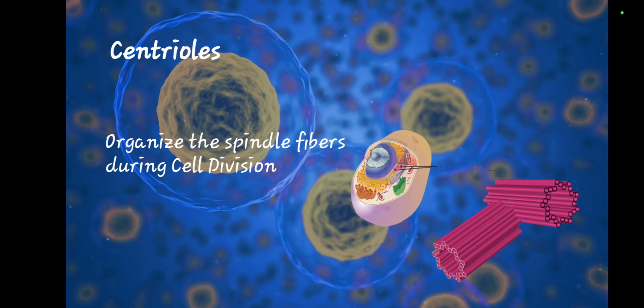I will be giving you the steps or the process of how the cell divides. That is the correct term. So that is centrioles. They organize spindle fibers during cell division, and their importance is in the process of cell division.